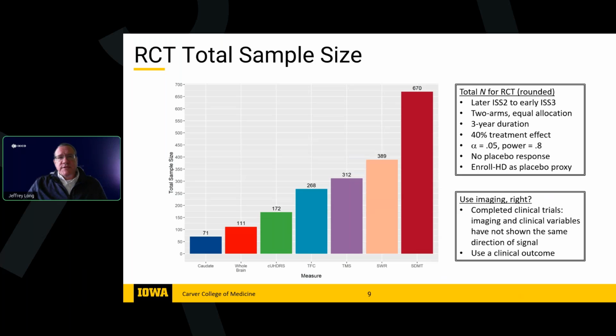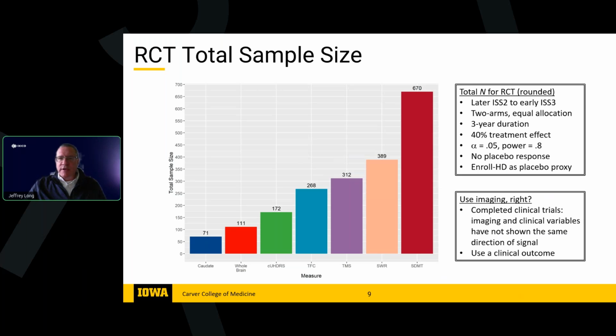So what I did was to just give a rough estimate of a total sample size for a randomized controlled trial. In the graphic on the left, you can see the measures are listed at the bottom, and I've ordered the variables in terms of the total sample size that we would require for a clinical trial. I've rounded these numbers.